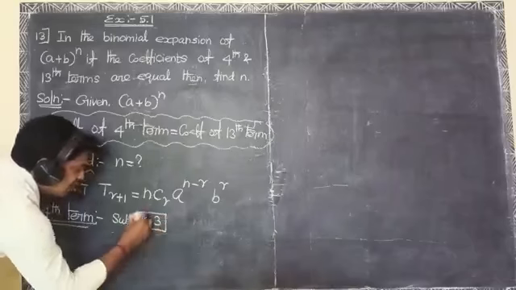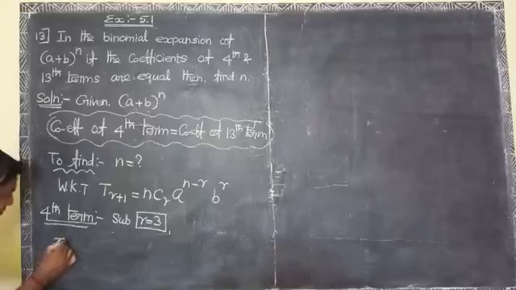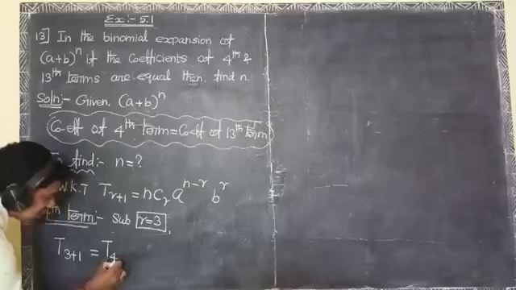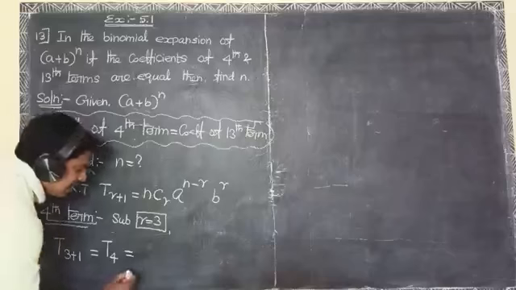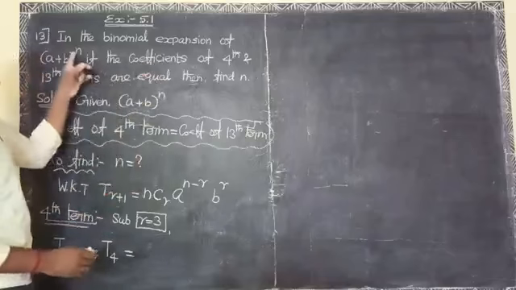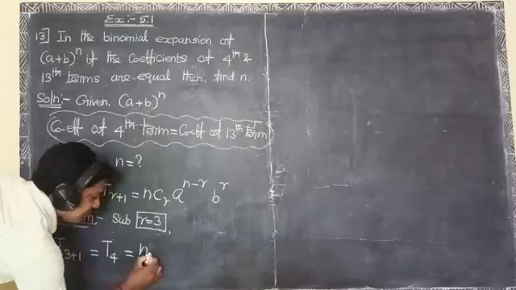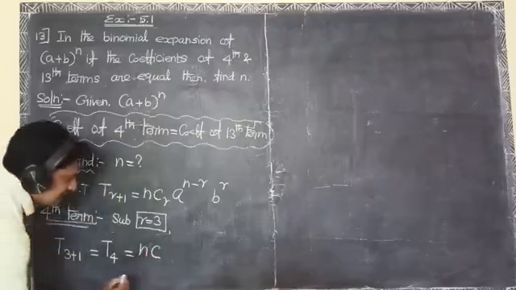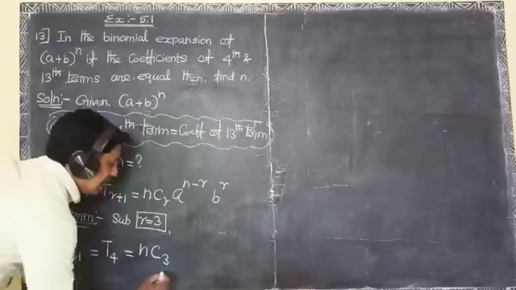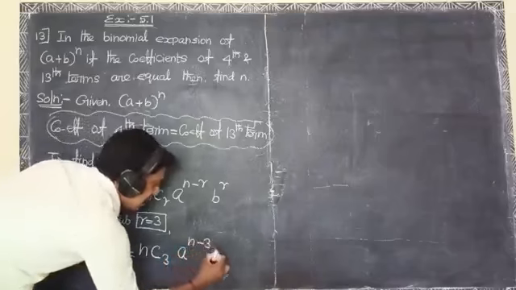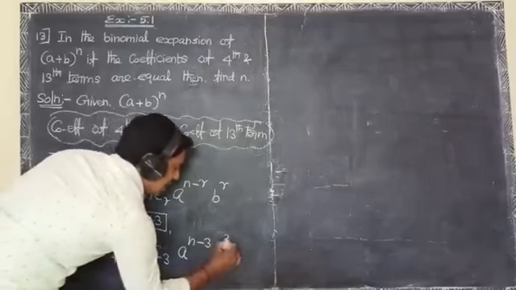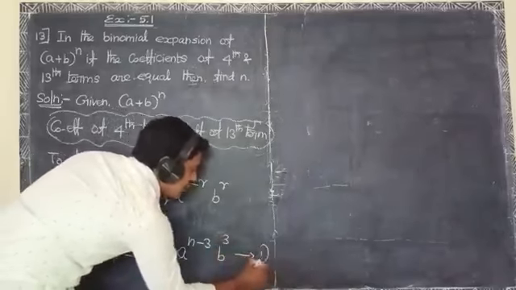We get the fourth term: T(3+1), which is equal to T4, the fourth term. Here r is 3, so nC3 a^(n-3) b^3. This is equation number 1.